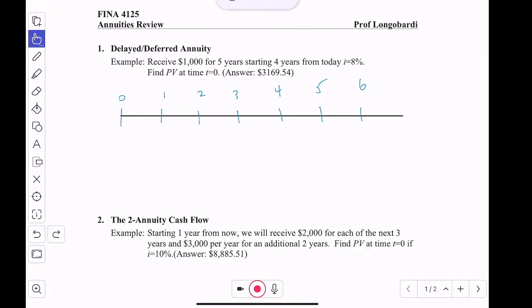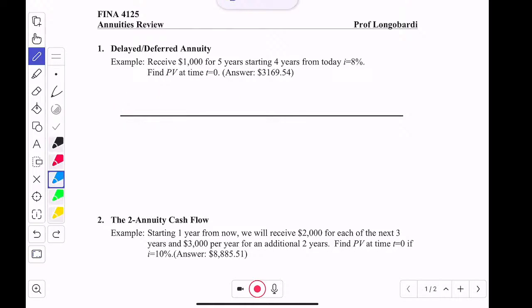I'm going to make them smaller and then just magnify the view.